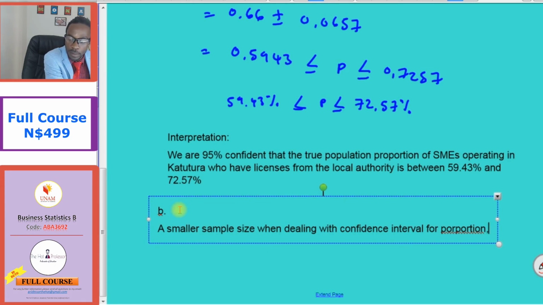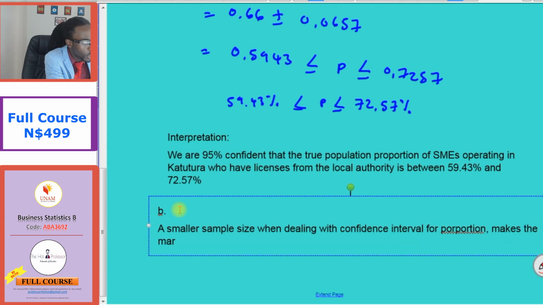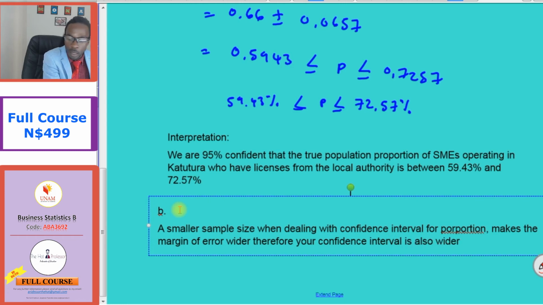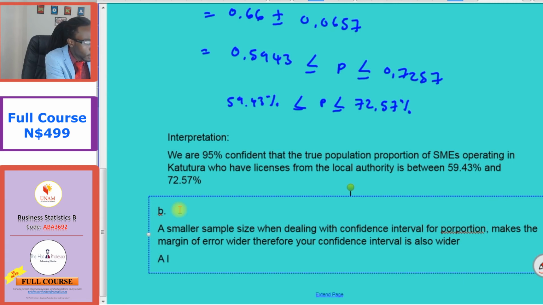A smaller sample size makes the margin of error wider, therefore your confidence interval is also wider.